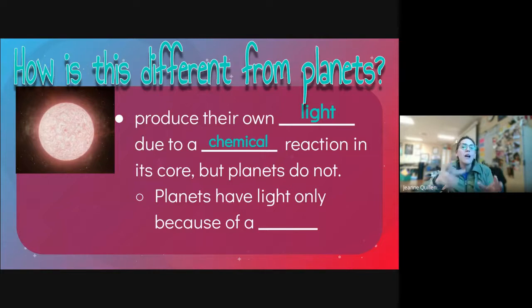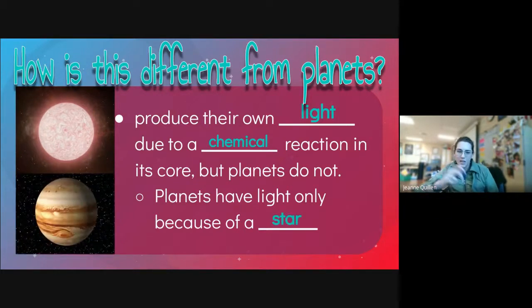Planets don't have enough mass for nuclear fusion to happen, and so it doesn't. Planets only have light because of a star. So hopefully now you understand the difference between those two. They can be very similar. Jupiter, if it had more mass, would have been a star. It just didn't quite get there.